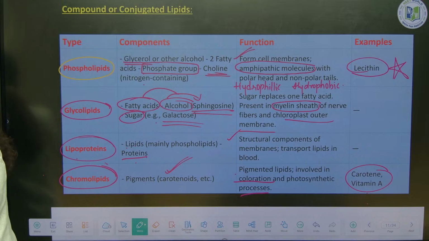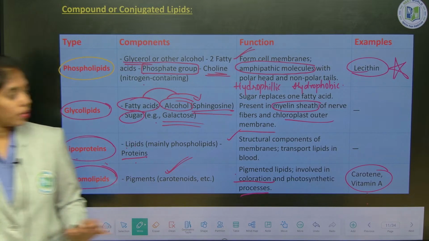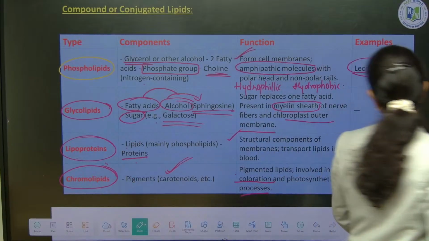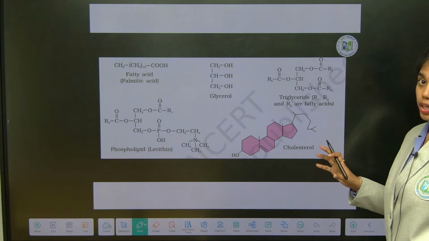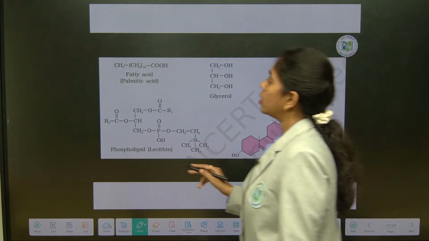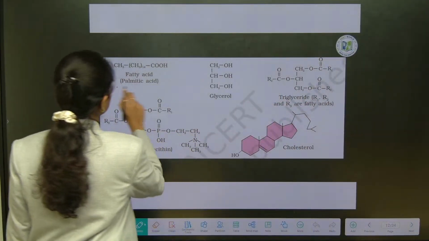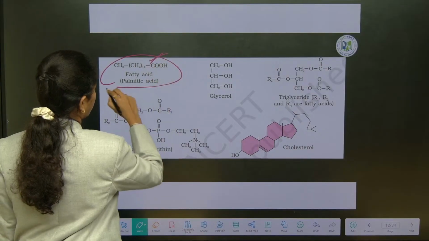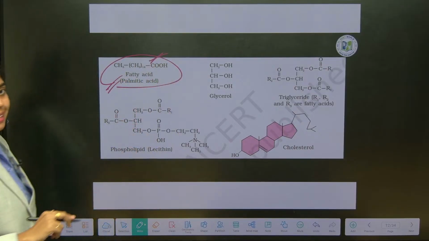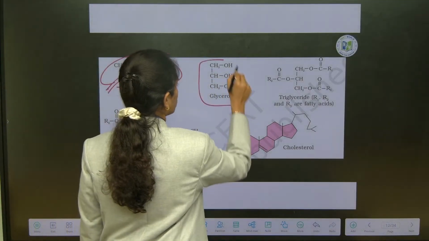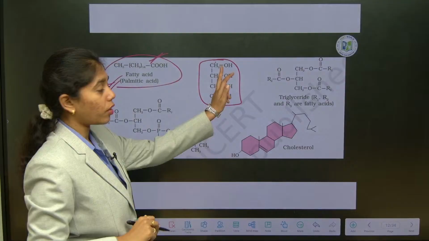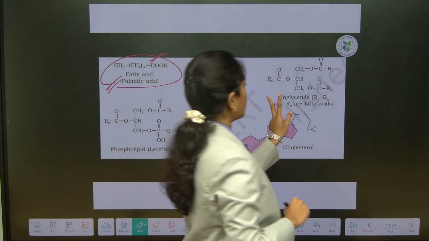Let's continue with the session. So, these are the structures which are given in your NCERT. See, 16 carbons including the carboxyl group, palmitic acid, which is the example for saturated fatty acids. Triglyceride or glycerol, fine, right? Three hydroxyl groups are present over here, and this is triglyceride.